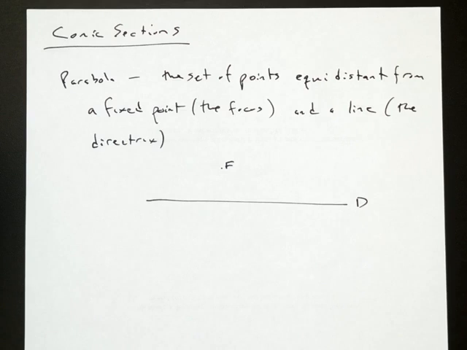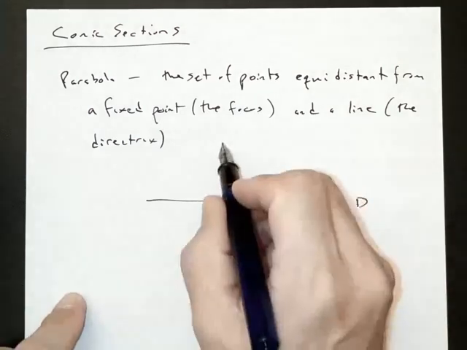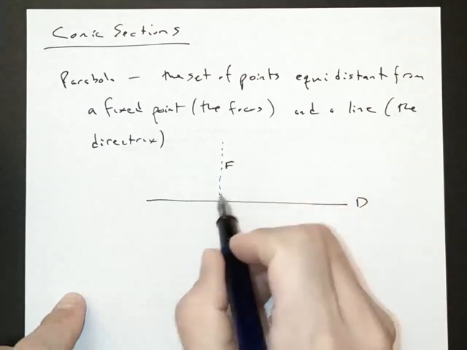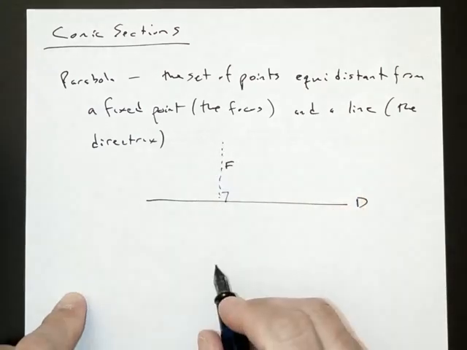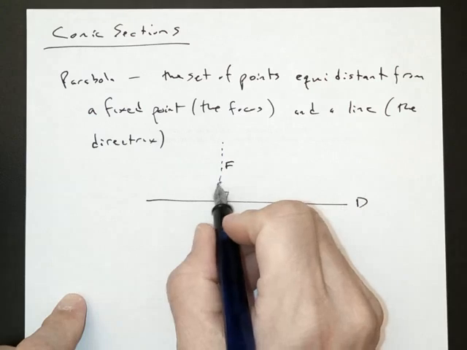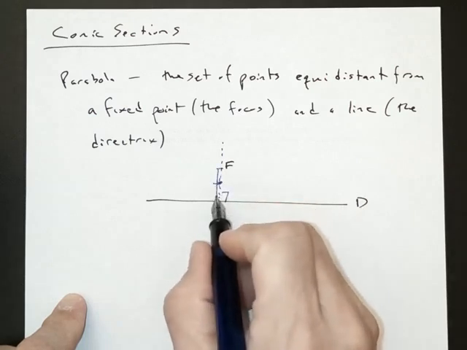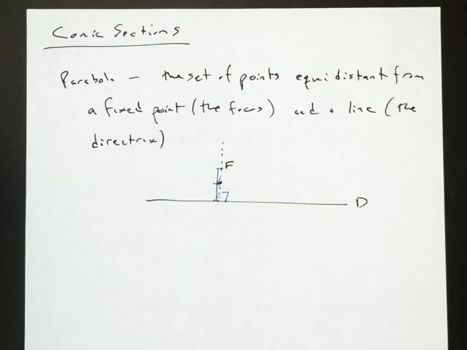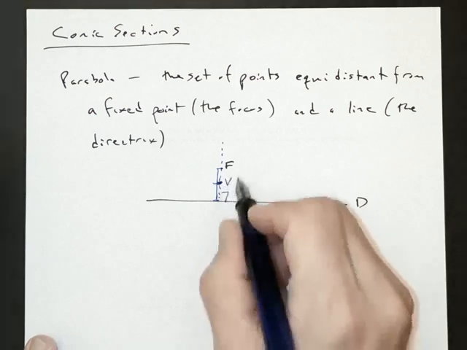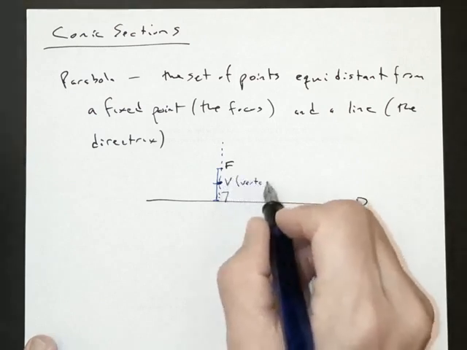If I draw a straight perpendicular from F to that line, then halfway, that should be one of the points. So I'm going to draw this at a right angle and right here in the middle so that this distance matches this distance exactly. That's the point I'm going to call V for vertex.